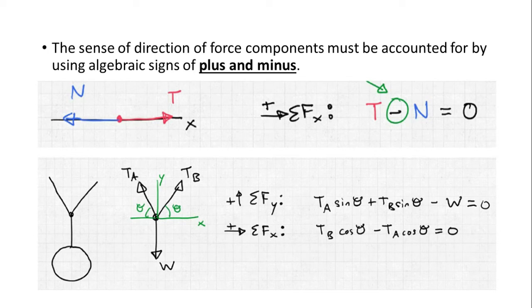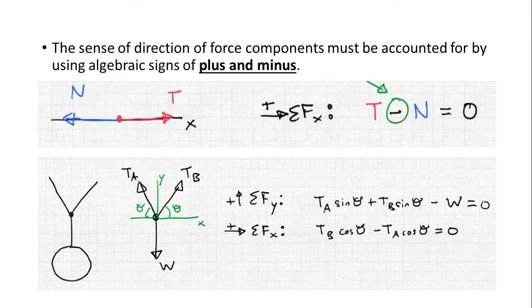For example, in this figure you see two forces, one is the T force and the other is the N force from the origin. The T force from the origin has its direction along the positive x-axis, and the other force, the blue force, has its direction along the negative x-axis.